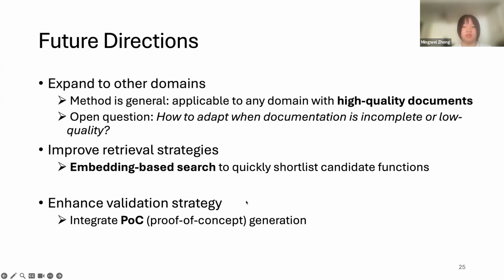Another thing is also about the validation strategy. This is a question we are always asking ourselves. Sometimes we find bugs with static tools, and then we write either a pull request or an issue to the developers to let them confirm whether this is a bug or not. Multiple developers asked us a similar question: can you confirm this is a real bug by giving us some kind of POC?